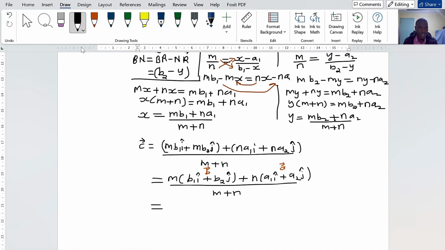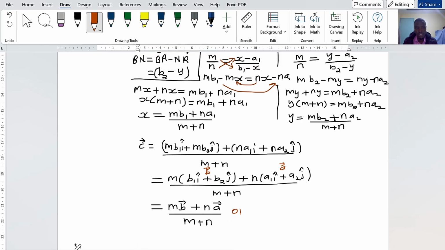Now, the simplest form of the ratio theorem for internal division will be m times vector b plus n times vector a, all divided by m plus n. That is how we get the ratio theorem for internal division of a line in simplest form.